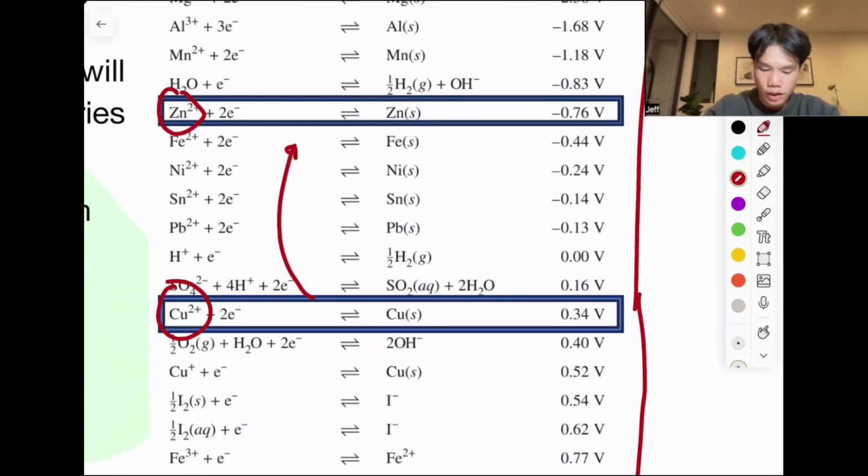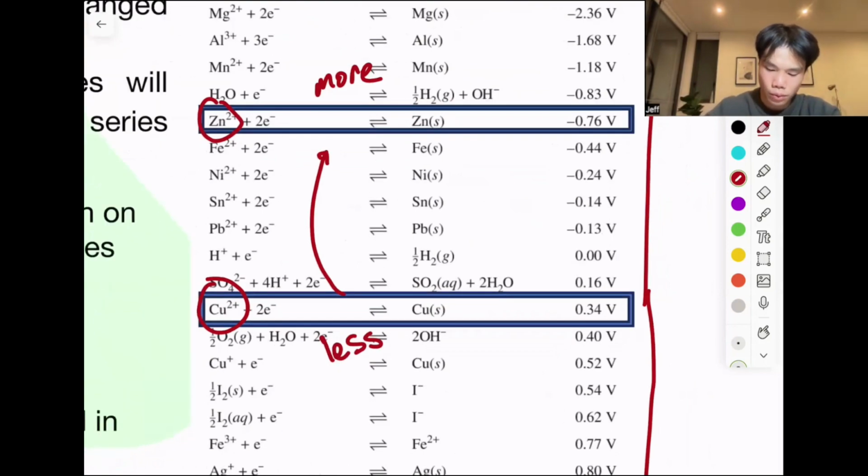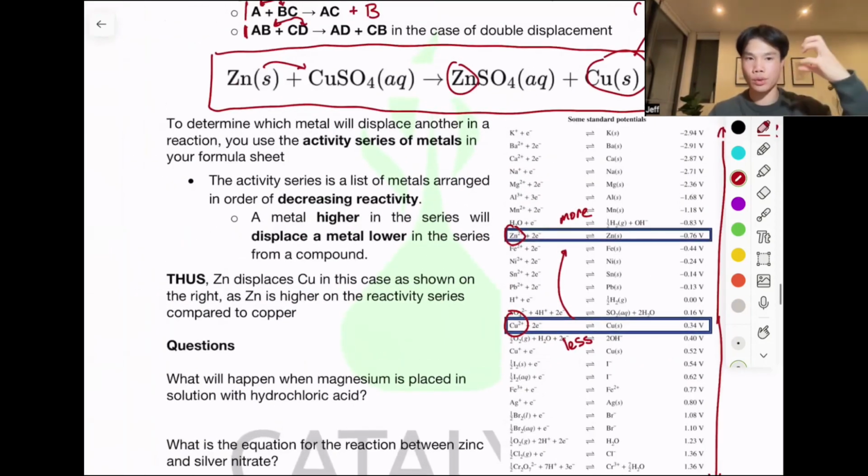Hence it is more reactive, copper 2+ is less reactive. Zinc will want to displace copper, and copper is removed as a solid. It's basically the way you need to understand it. If it's more reactive, it will displace.